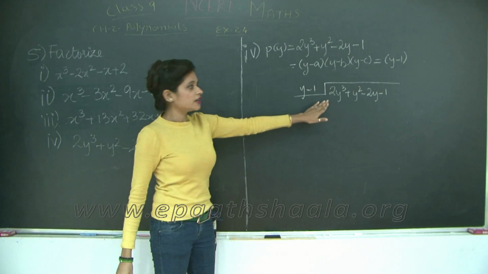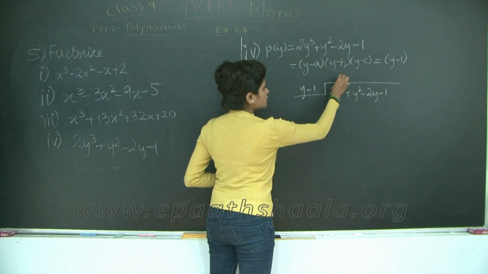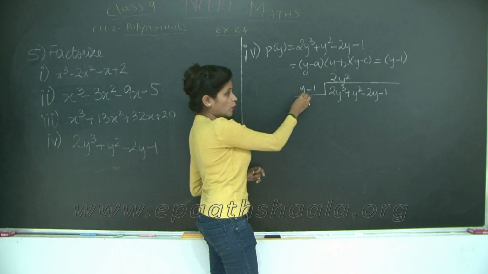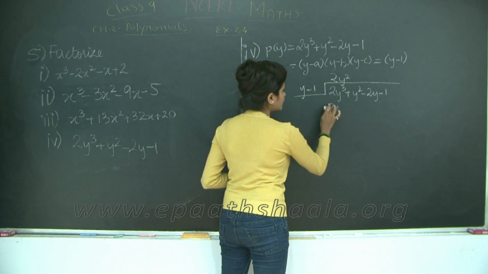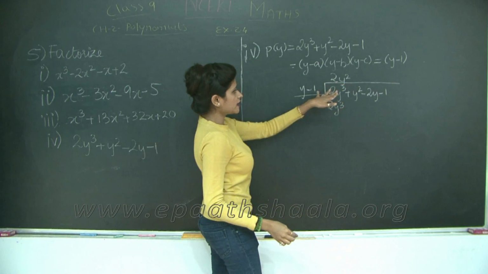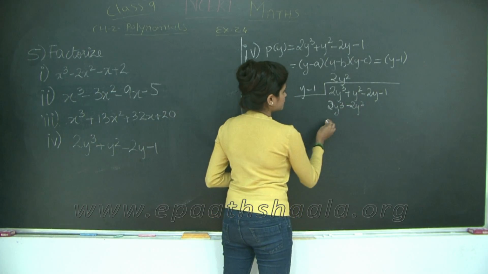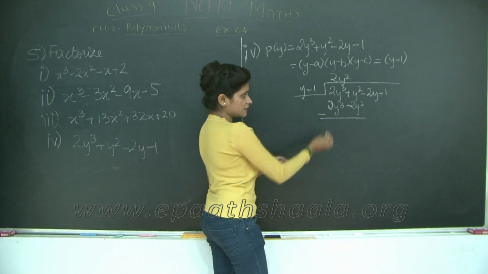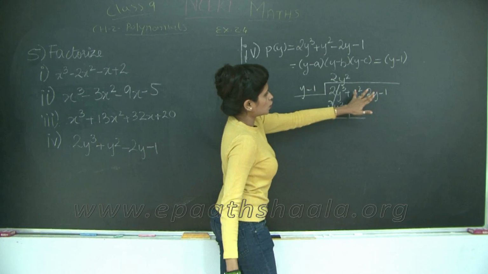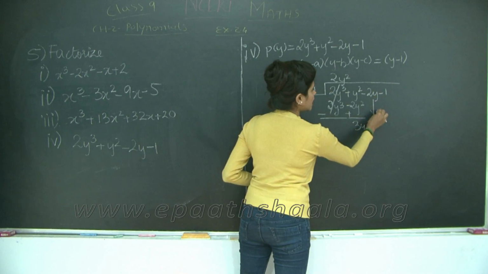Now y minus 1 into what will give me 2y cube? Let's see the variable part. First for y cube we need y square and 2. So 2y square into y will give me 2y cube, right? And 2y square into minus 1 will give me minus 2y square. This becomes negative and this becomes positive, right? So y square plus 2y square gives me 3y square. I bring down my minus 2y.